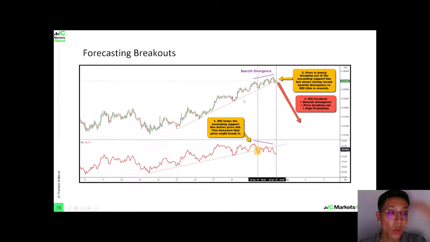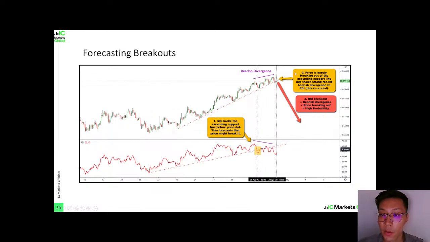Alright, so how can you actually forecast breakouts? The first thing is noticing that RSI broke the ascending support line before the price on the chart did. So this forecasts that price might break this ascending line.